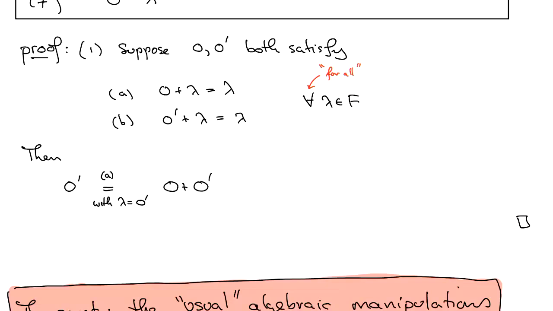But then I want to use B, and the way it's technically set up, I need to swap the order of the summation there, but that's fine because everything's commutative. And then that's now set up exactly to be equation B with lambda equals 0.